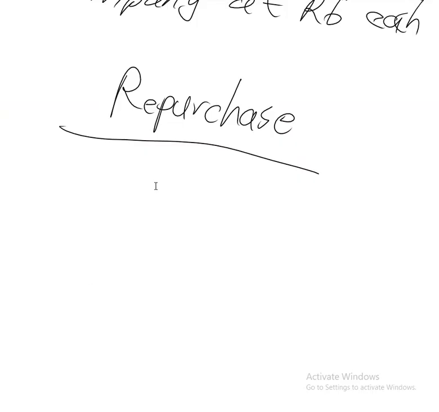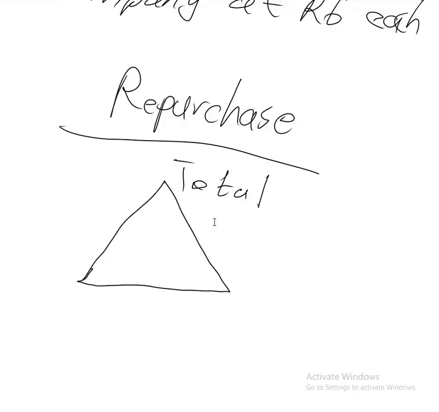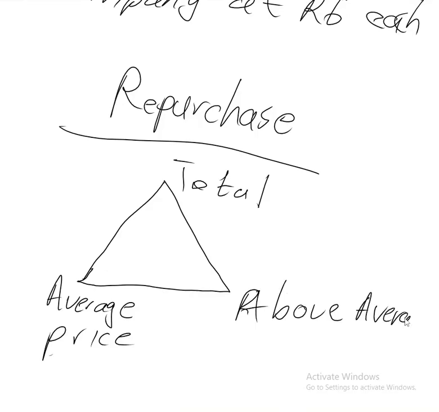For repurchase, you need to have the triangle every time, right? So the triangle on top here, it will have the total, and then it will have the average price, and then it will have the above average, right?